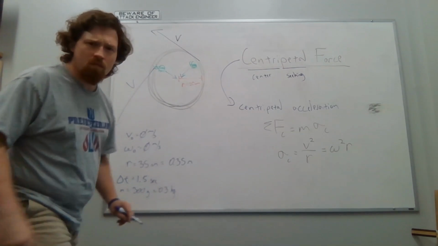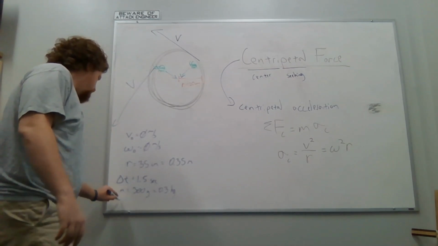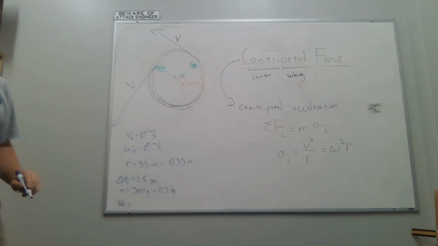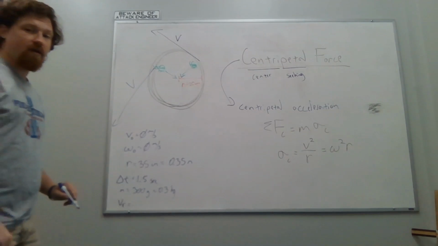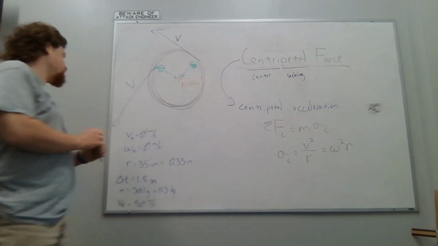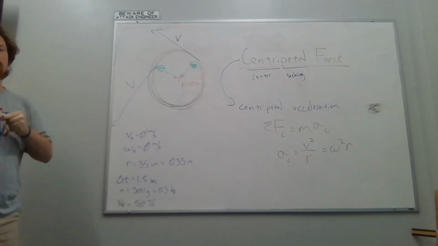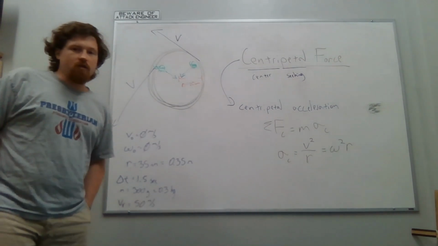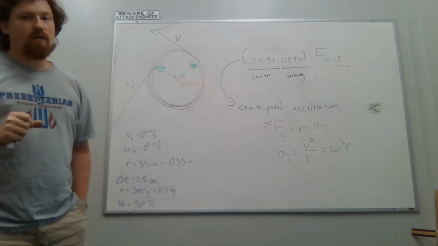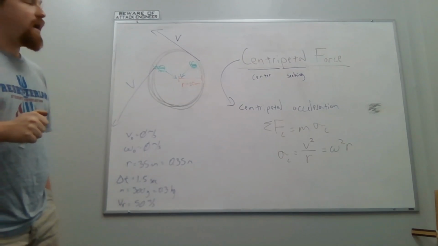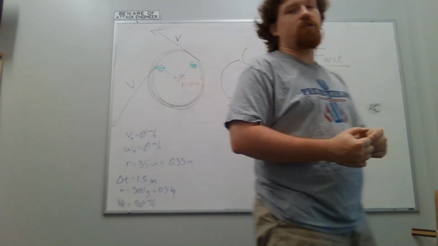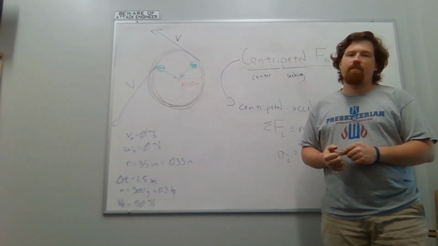And the sling's final linear velocity, this is the velocity that it took off at in a straight line, is equal to 50 meters per second. This is its final linear velocity. So, first question. What was the tangential linear acceleration of the stone at 1.5 seconds?